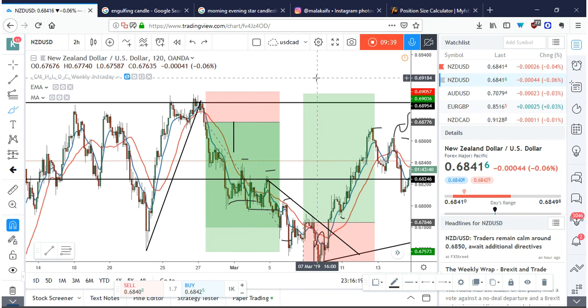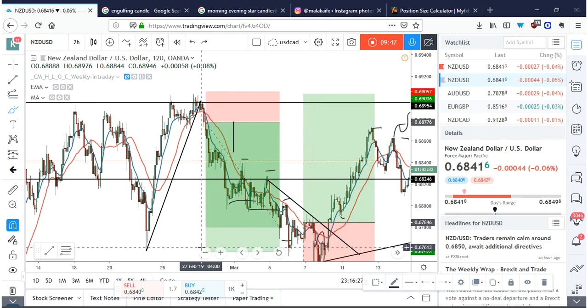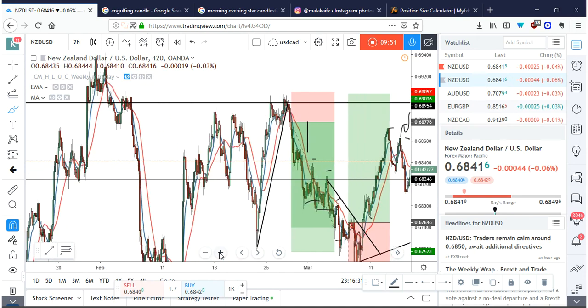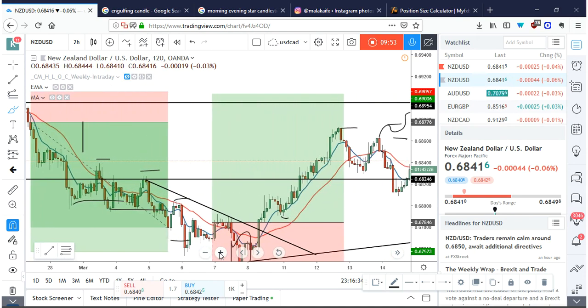So we've done support and resistance and trend lines, moving averages. In further lessons, I can show you how you would take different trades and what you would do.